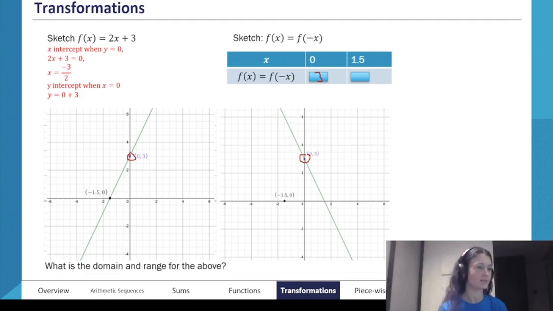So if we make x negative 1.5, then our curve is actually going to be equal to 0. And of course we can see on our second graph, that is where we have the x-intercept. So as you can see, the function has been reflected in the y-axis when the x is made negative, but the function, as we went over before, is going to be flipped or reflected in the x-axis if the negative is out the front of the function.